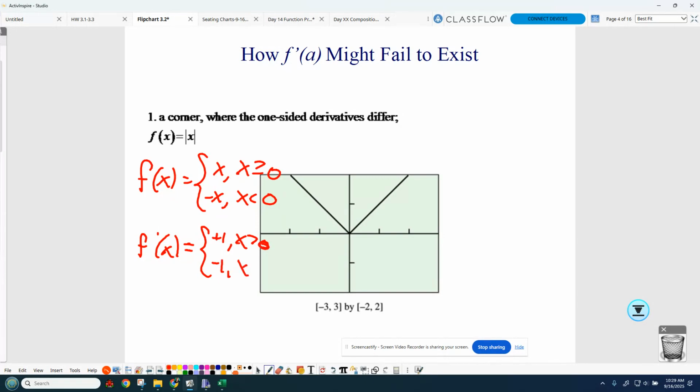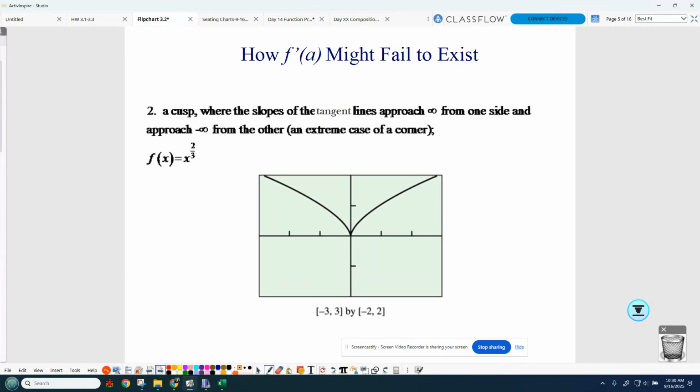Looking at it from this side and that side, the slopes are different, so can't do the derivative. That's what it's like to be at a corner. It could be anything like that. It could be a straight line and a curve. Any kink in the system, can't do the derivative. So corners are bad. There's an example.